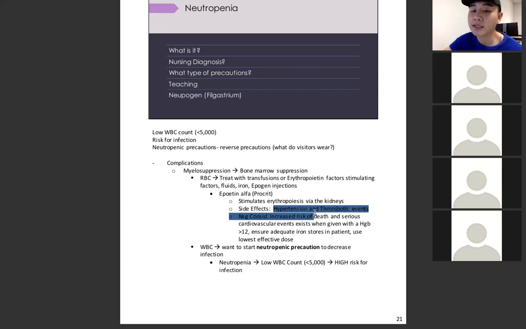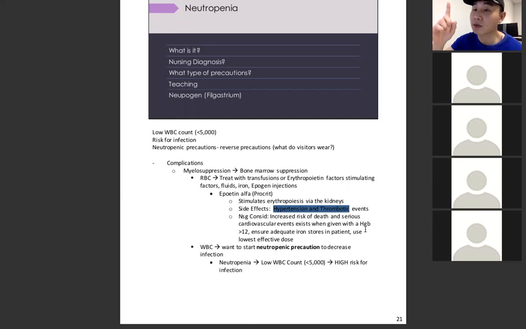So why does it lead to hypertension and thrombotic events? It is because the erythropoietin hormone leads to an increased production of red blood cells only. And when there are increased red blood cells in the blood, it makes the blood more viscous, thicker. So when the blood is thicker, there will be more pressure in order to perfuse the blood to the rest of the body.